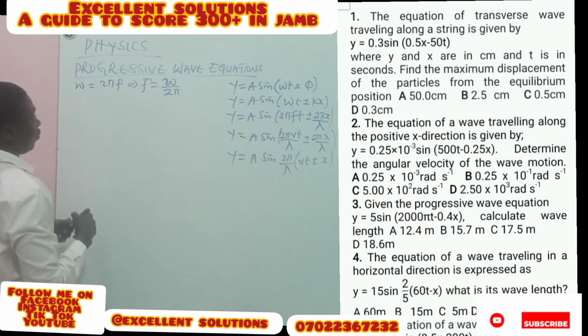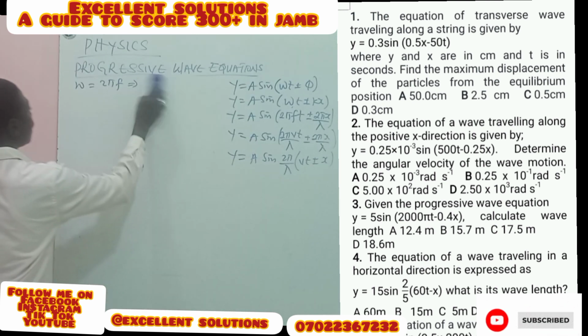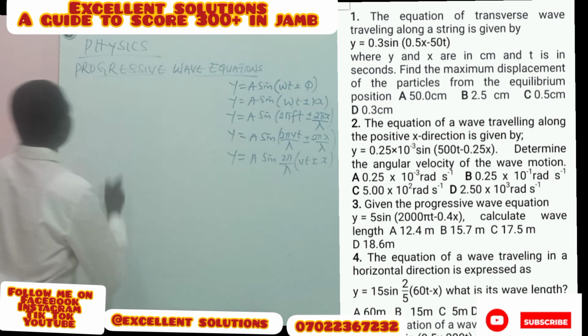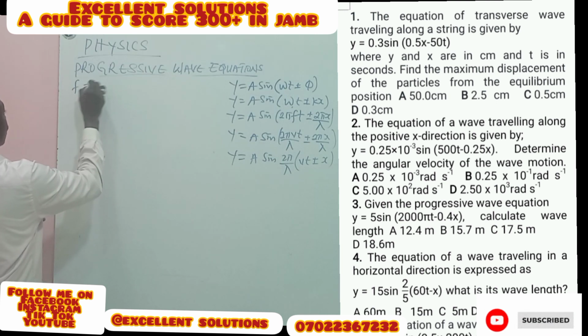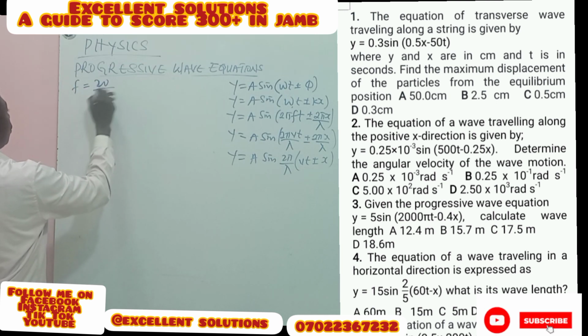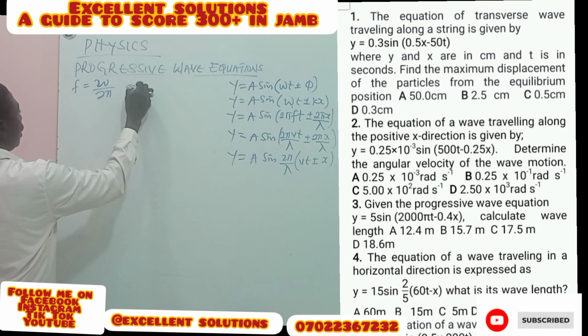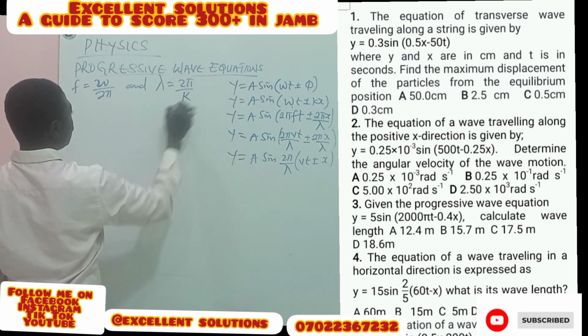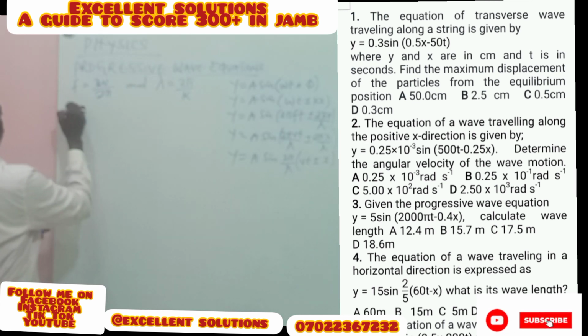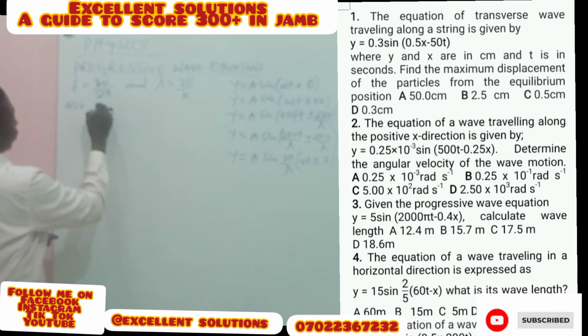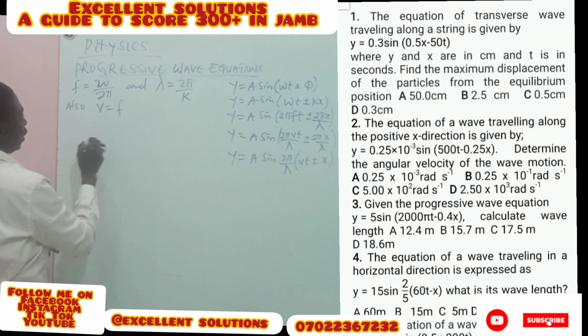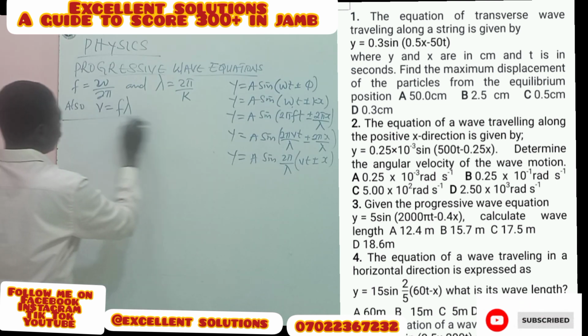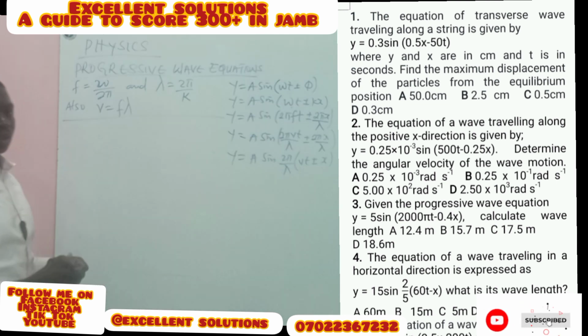And we have our lambda, equals to 2 pi upon k. Also, we have another important equation, v equals to f lambda. So we are going to use these equations, very important in solving our problems.